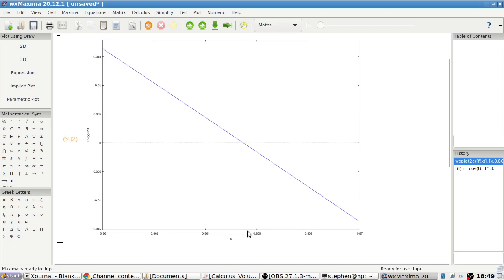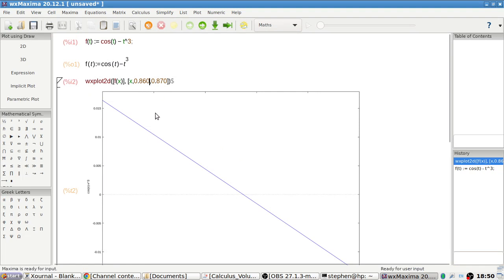This looks like it's 0.864. So we'll go with 0.865 to 0.868. Now I could just solve the equation, but I feel like that's cheating. I feel like that's not in the spirit of what they want in the question.